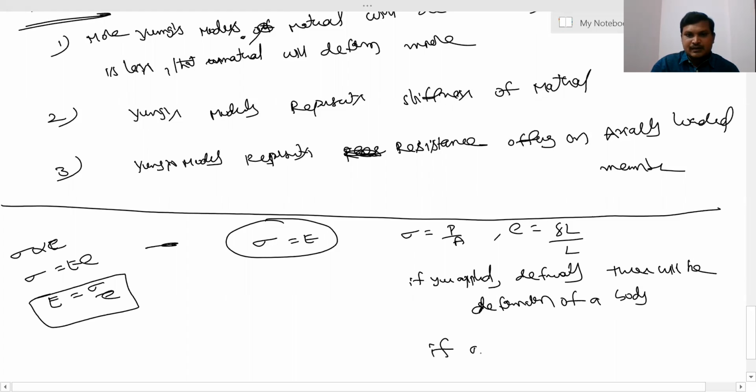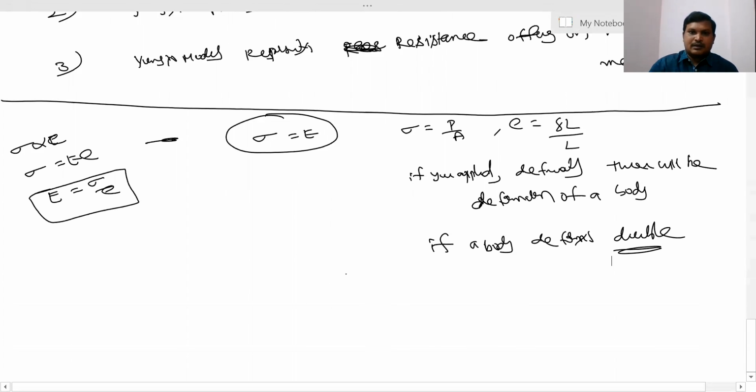If a body deforms double, it means, this is an example. Initially this is a 10 centimeter body of length. When you're applying the load, this is constraint, applying a load of some 10 newtons, the body will be deformed.